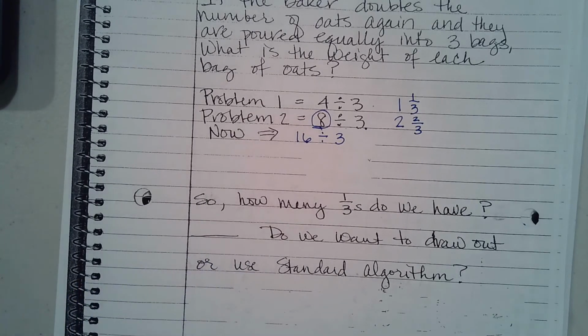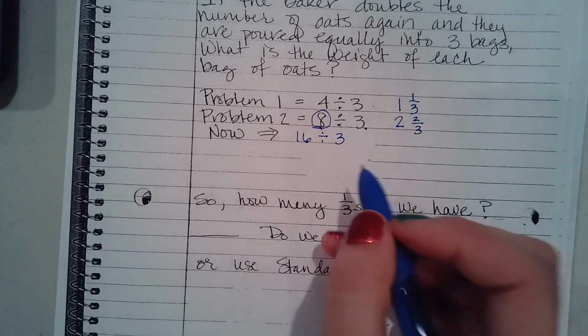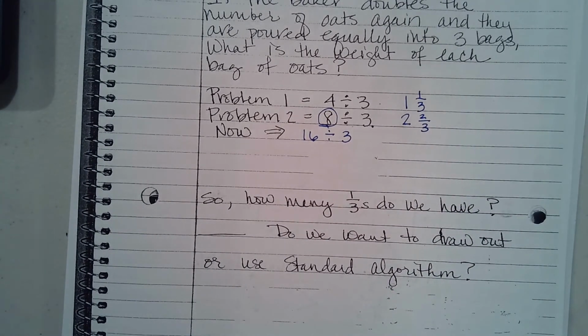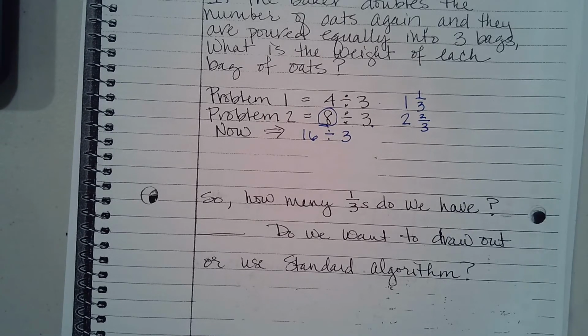So I want you to go ahead and try to solve this the same way we just solved it. I want you to solve this 2 ways. I want you to draw it out, and I want you to use division algorithm. So try it and come on back.